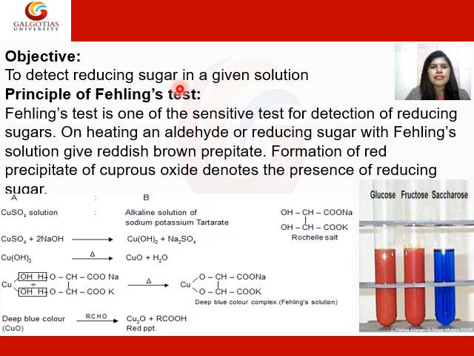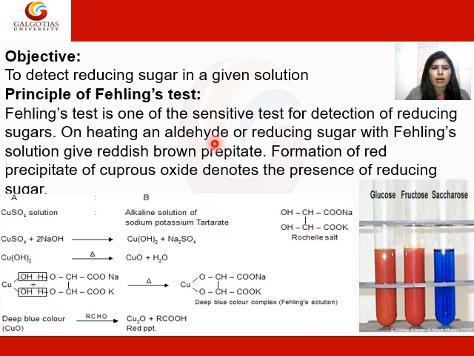Fehling test. Fehling test is also used for detection of reducing sugar in a given solution. It is one of the sensitive tests for the detection of reducing sugar.